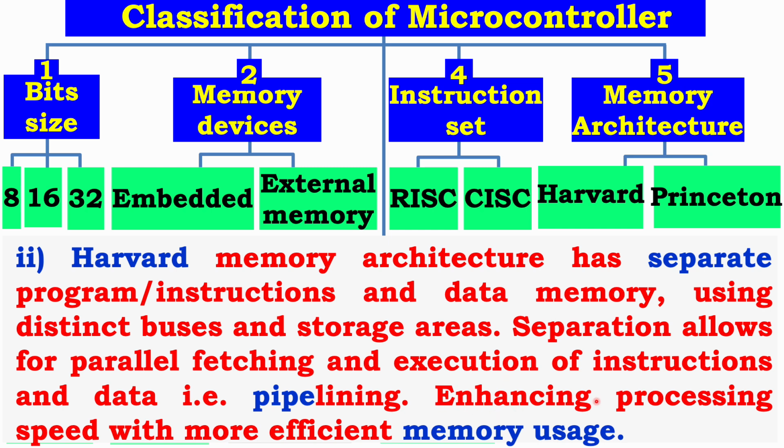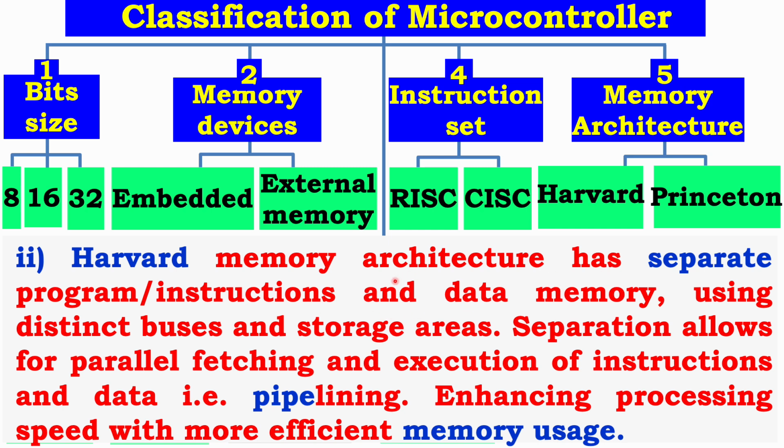So the processing speed and efficiency in memory usage is improved a lot in the Harvard architecture. A separate video is made to understand the Harvard architecture and Princeton architecture, also called Von Neumann architecture.